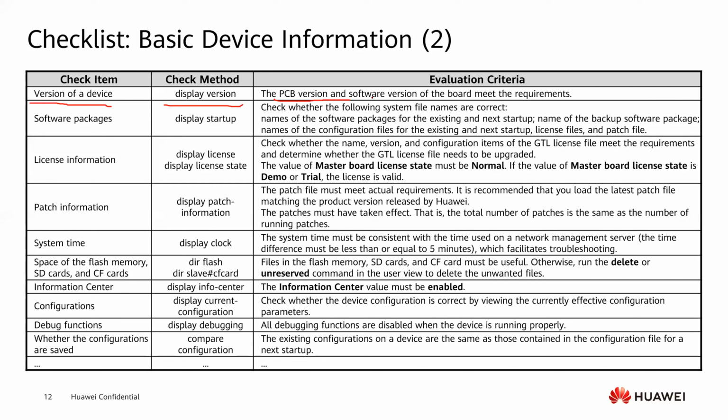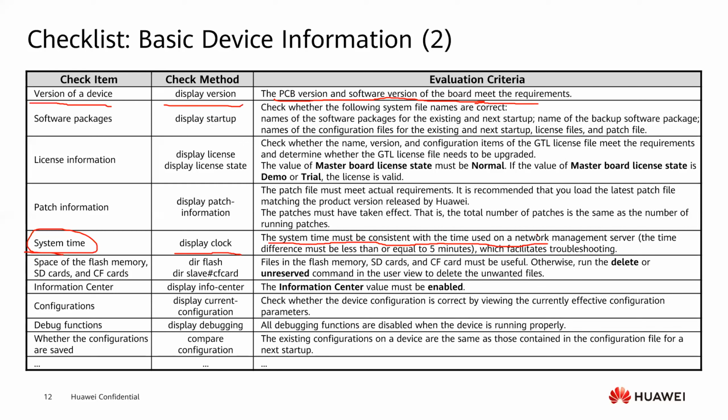PCB version and the software version of the board must meet the requirements. We can also see the system time. We use display clock. The system time must be consistent with the time used on our network management server.